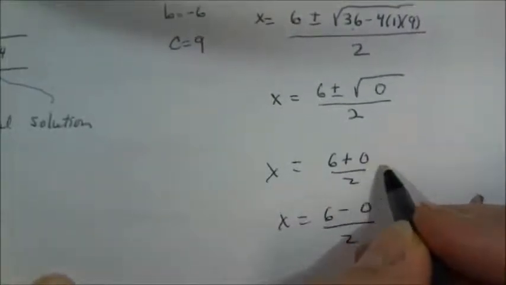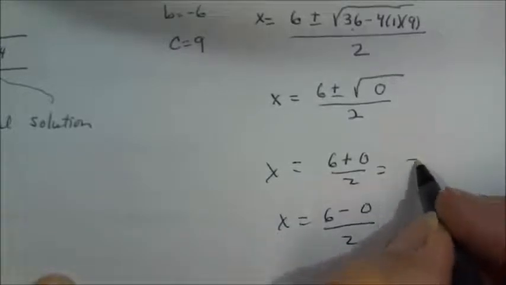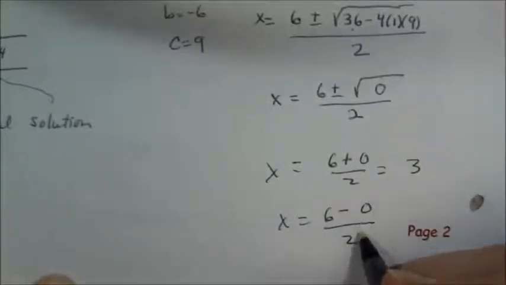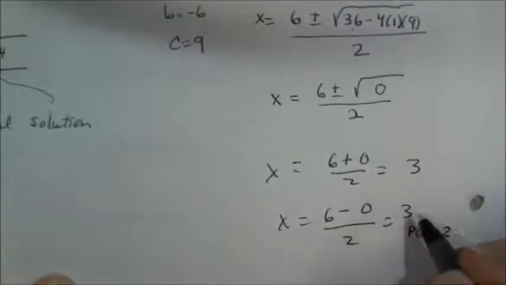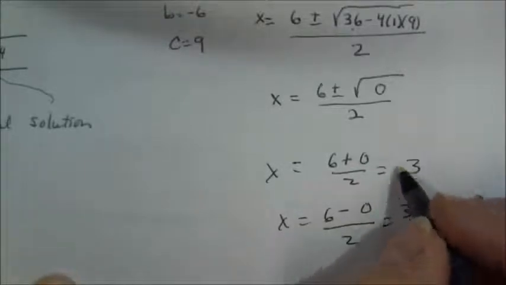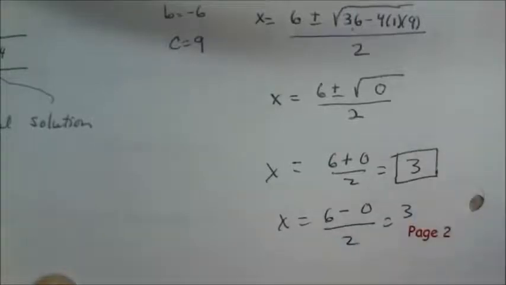Well, 6 plus 0 is just 6, and 6 over 2 is 3. 6 minus 0 is 6, and 6 over 2 is still 3. So you really have two roots that are equal to each other, but we'll just call it x equals 3. And that's about it for today.